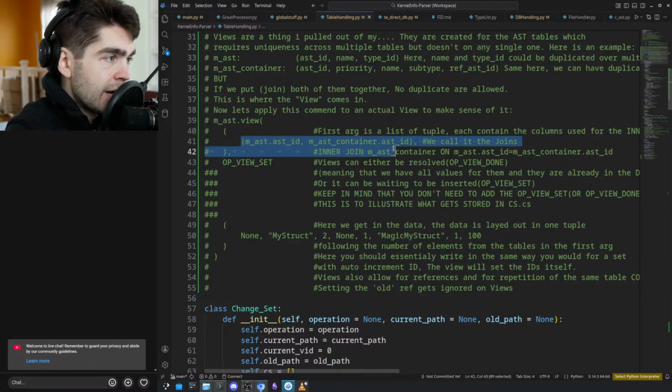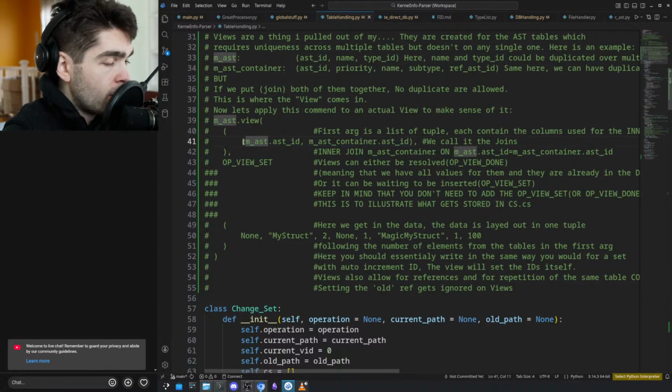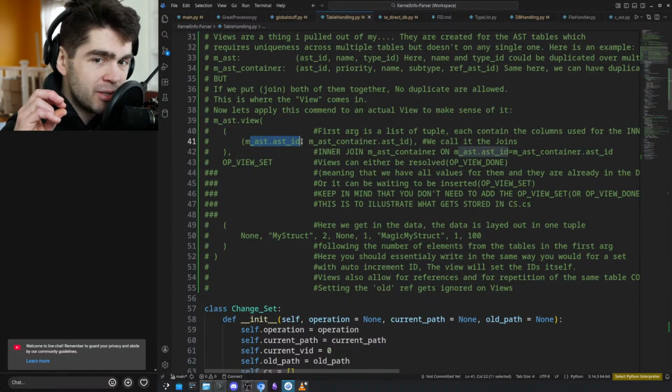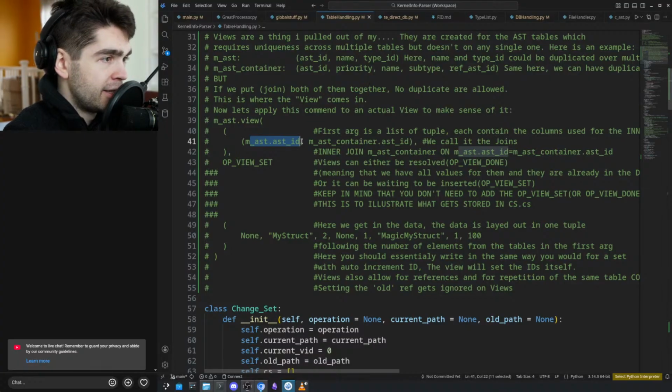The first thing that we have is a tuple containing multiple tuples, well, one or more tuples. It contains the starting column and table and the target column and table.